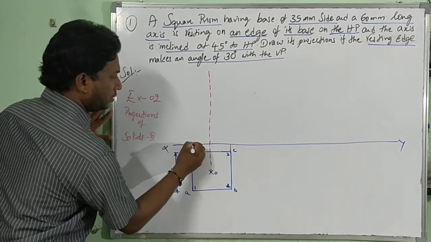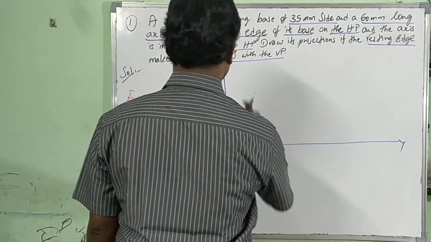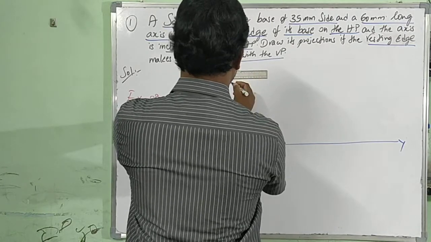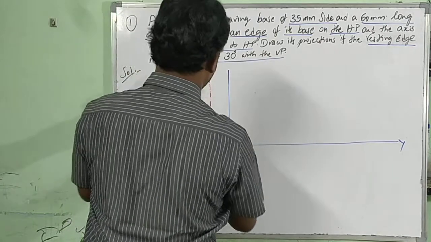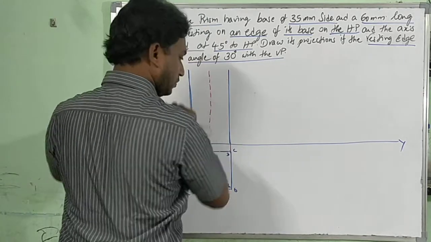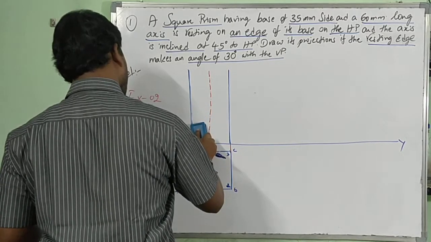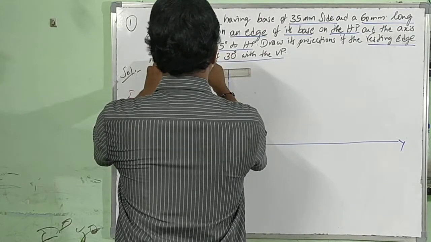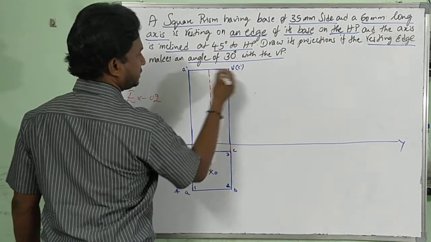Now from the A projector, whatever you have drawn, from the B projector, whatever you have drawn, B dash, B dash, bracket C dash, bracket D dash.